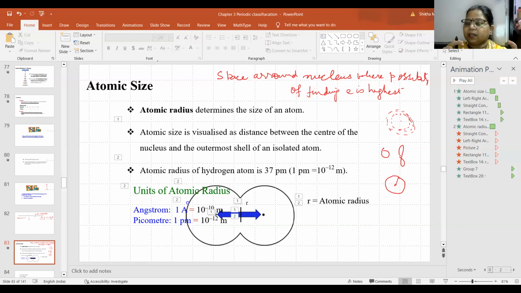If we say that it is 37 picometers, I have just put a value for hydrogen to give you an example, 36 picometer is just an approximation. It could be 35 when the electron is moving near to the nucleus. If it is moving far away, it can be 38 also. Is it clear to all of you?